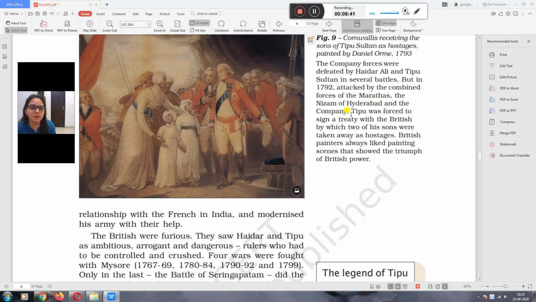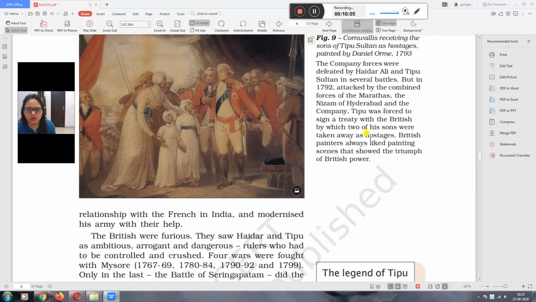These three combined their armies and all attacked Tipu Sultan, and he was forced to sign a treaty with the British by which two of his sons were taken away as hostages.